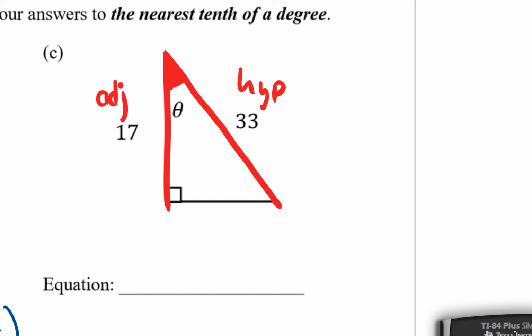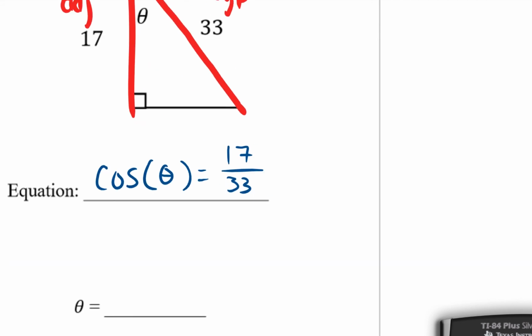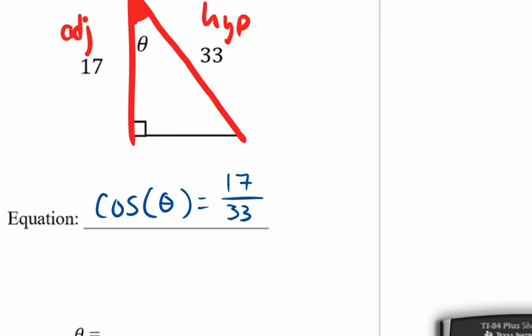So I will write down that the cosine of this angle theta that I'm trying to find is equal to adjacent, which is 17, divided by the hypotenuse, which is 33. Again, I'm going to apply the inverse cosine function to both sides. On the left-hand side, it gives me theta.